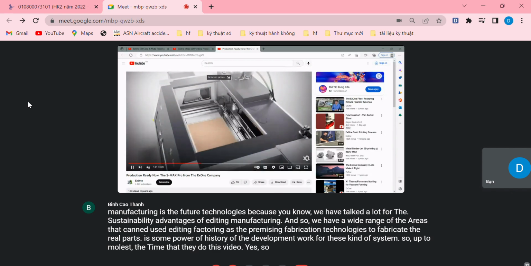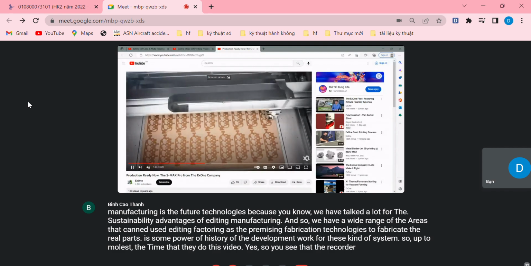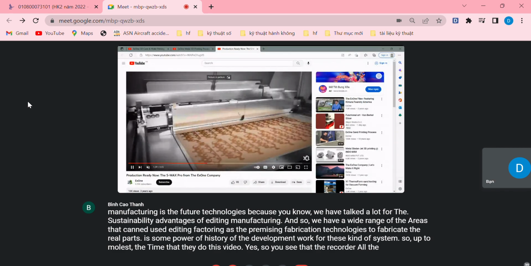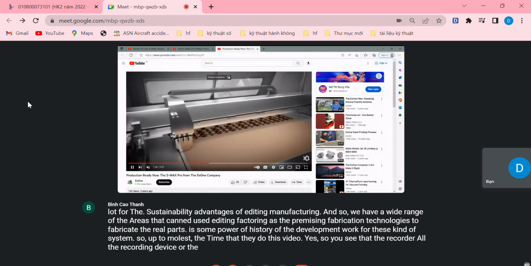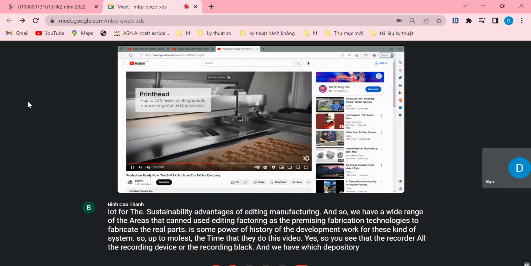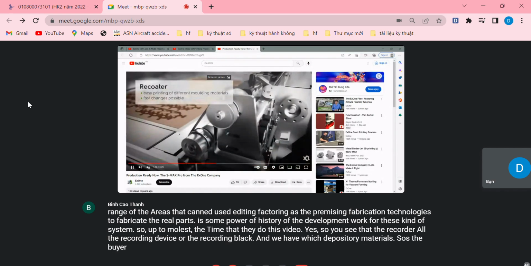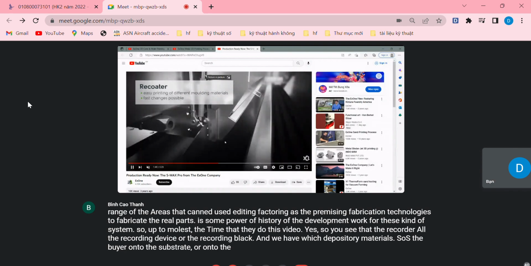Yes, so you see the recoating device or the recoating blade, which deposits the materials as well as the binder onto the substrate or onto the previous layers.